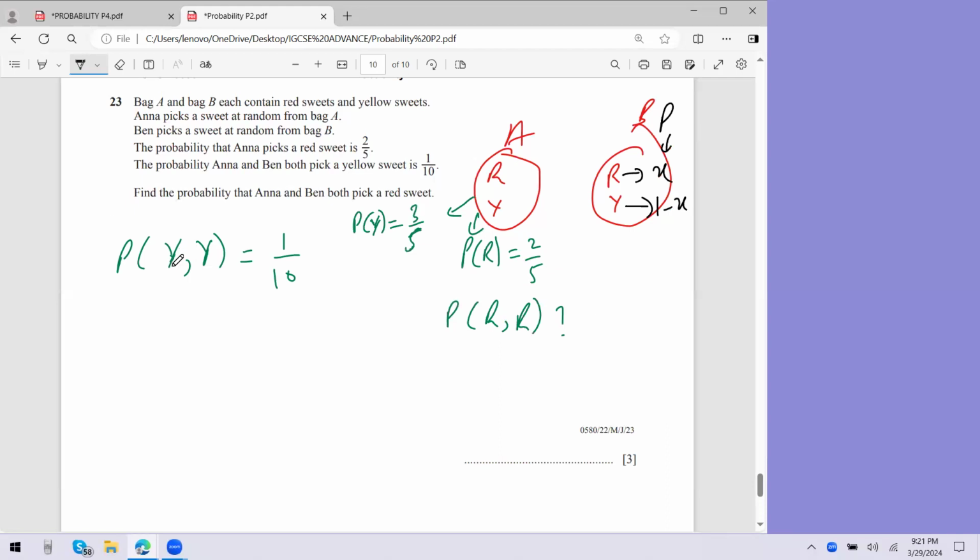This 1 by 10, what's the probability of first being yellow, bag A being yellow? That is 3 by 5. And what's the probability of bag B being yellow? That is 1 minus x, right? And that is equal to 1 by 10, given. So let's solve this equation.